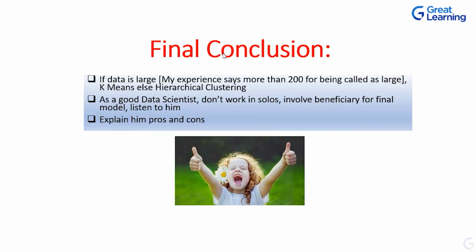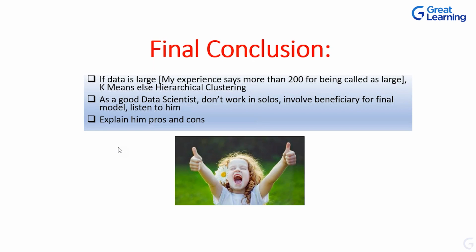Let's conclude. If the data is large, definitely you should go for K-means because hierarchical clustering consumes too much computation. And this second point, whatever I have written in the middle, is very important to you. As a data scientist, don't push your cluster to the customer or to the beneficiary.